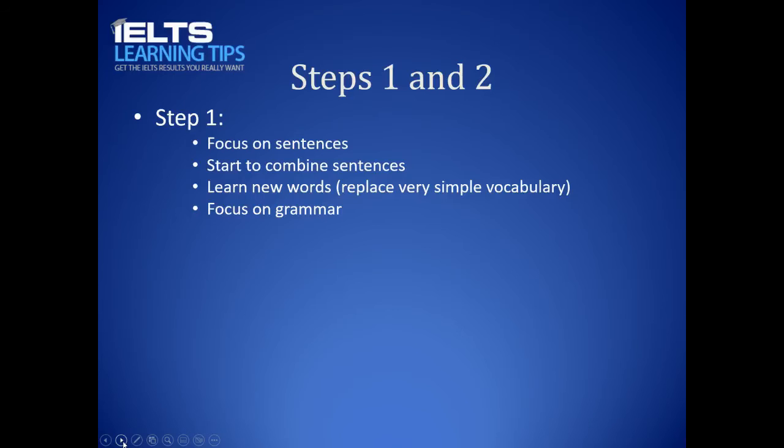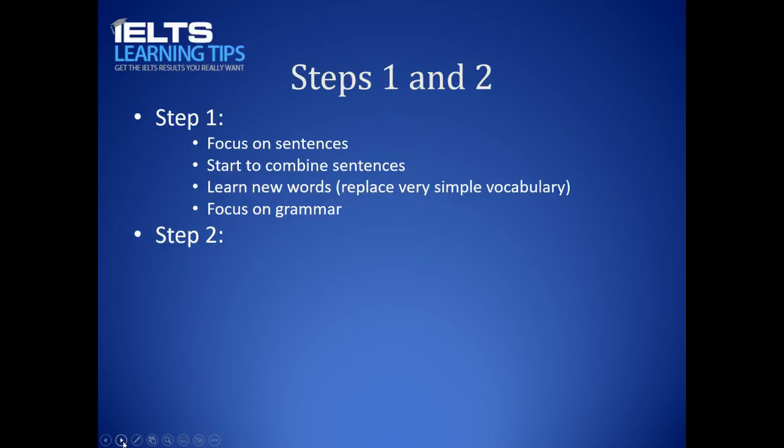Okay, make sure you focus on your grammar. So if you've got a lot of sentences that you're combining well, then maybe you might want to use gerunds, or you might want to use past participles or something like that, or experiment with maybe present perfect. So you can do all of this in this stage 1.